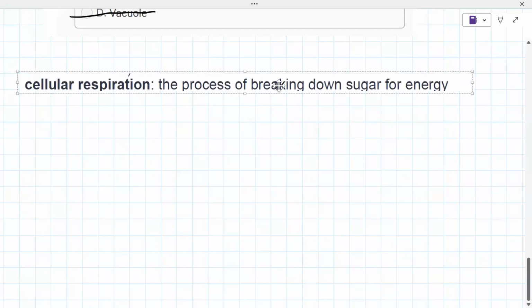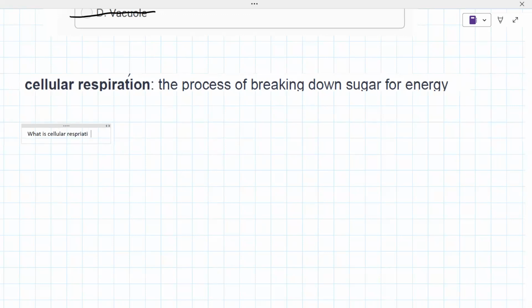Okay, cellular respiration. It's the process of breaking down sugar for energy. So the teacher might ask, and that's why it's so important to know the definitions, what is cellular respiration used for?